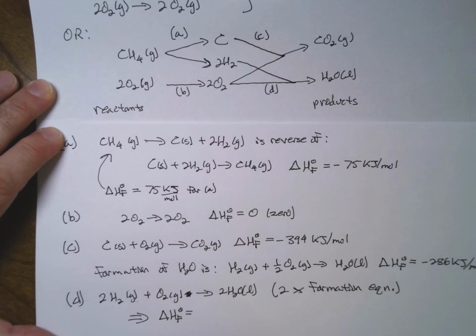So our delta H, and I actually shouldn't call it delta HF naught, I'm just going to call it delta H naught, is going to equal 2 times delta HF naught for water, which equals minus 572 kilojoules per mole.